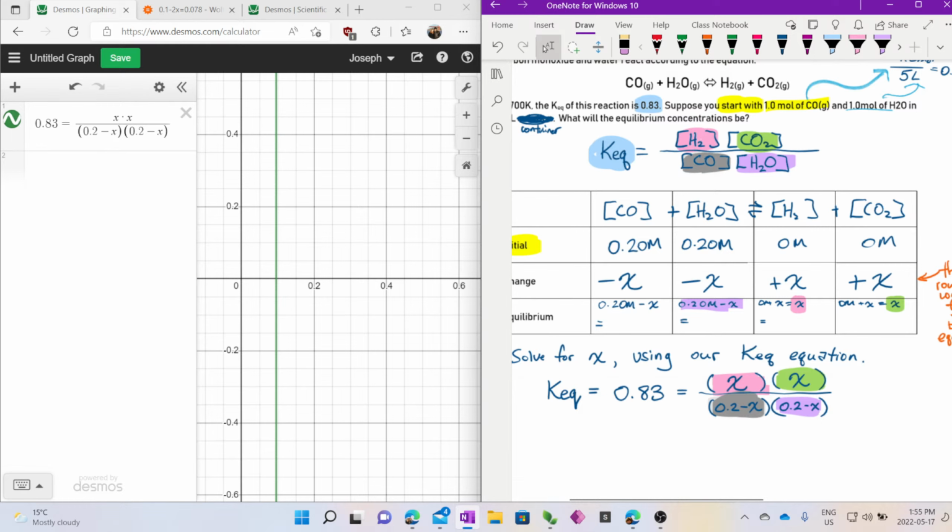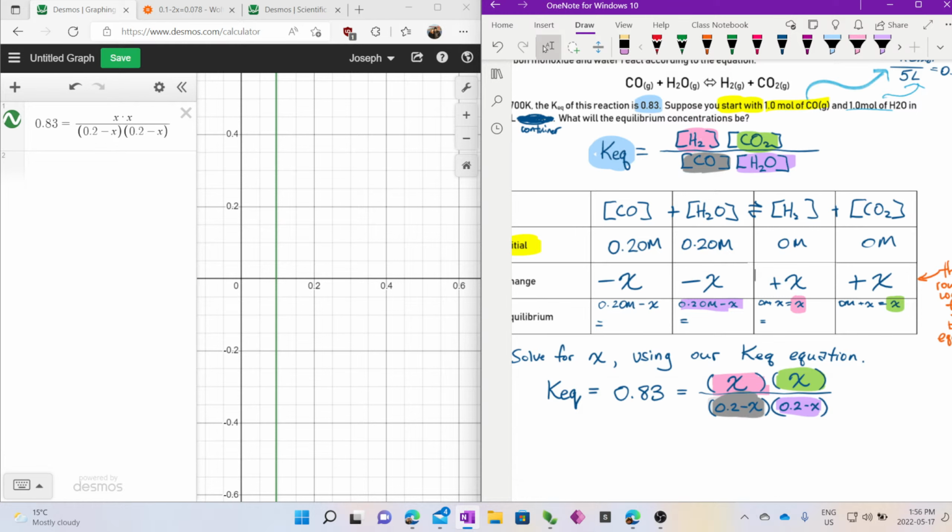I want to go back and look at what we've done. We've taken the equation and we wrote a Keq expression. And we said that for this reaction, Keq is going to be the concentration of the products divided by the concentration of the reactants. And in this case, all of the exponents are 1, right? Then we said, well, we start off with 0.2 of this, 0.2 of that, and none of the products. And we said, well, this is going to go down by some number.